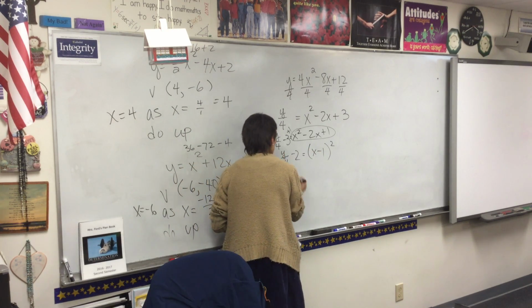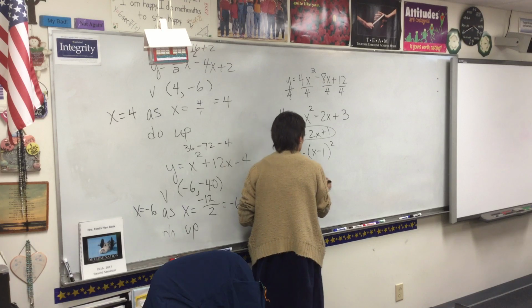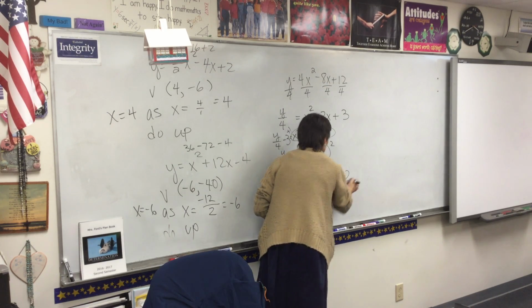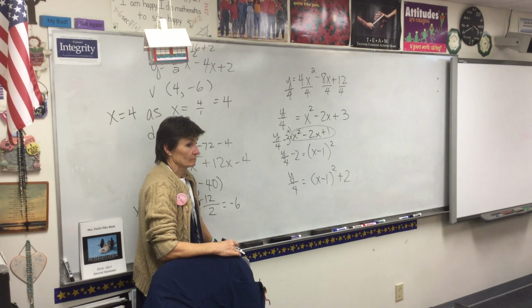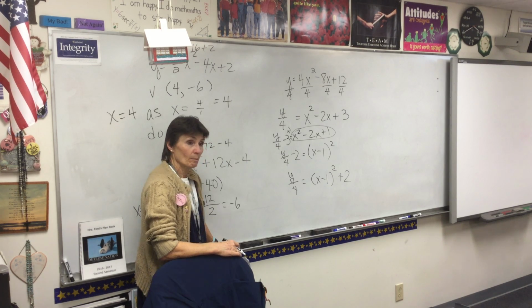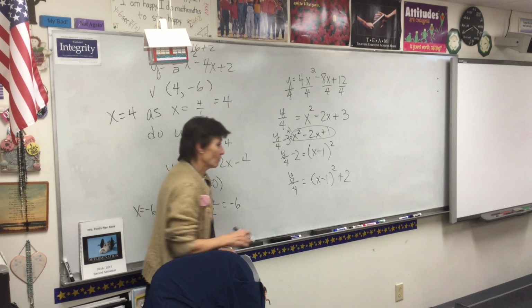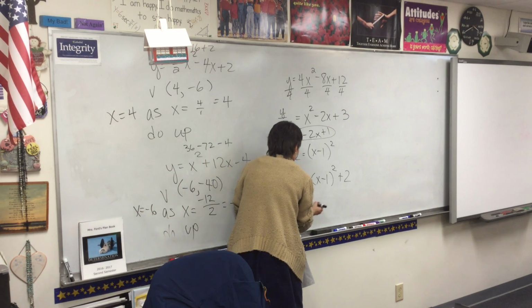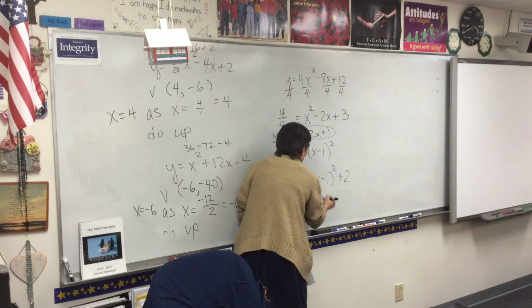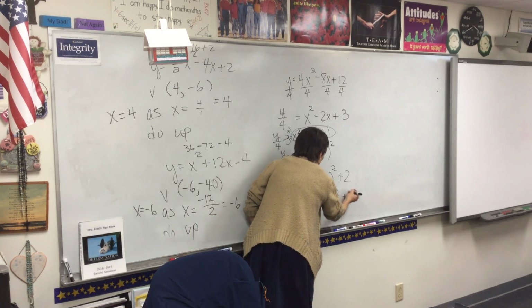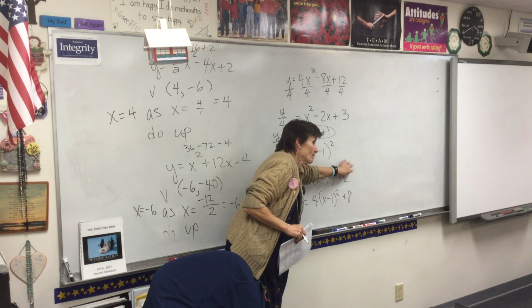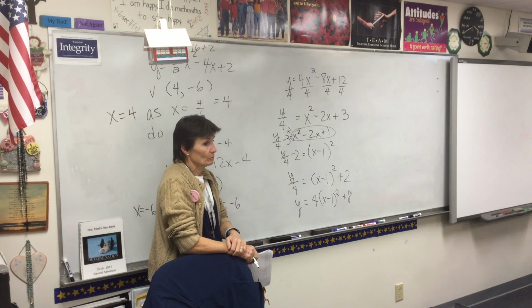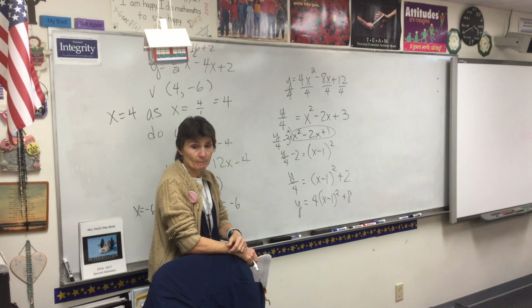So we'll add 2. And we will multiply by 4. So y equals 4 parentheses plus 8. Don't forget to multiply this plus number by 4 too. And that's vertex form.